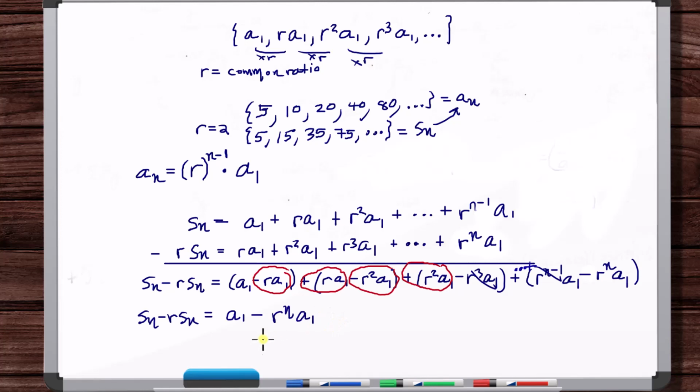Okay? And so now just solve for s sub n. So let's factor out an s sub n here. Okay, and then let's take out an a sub 1.